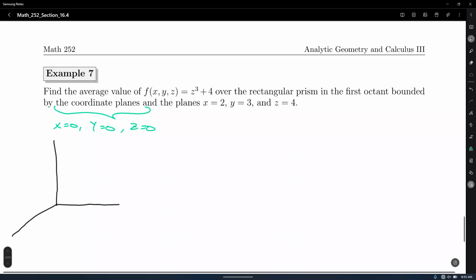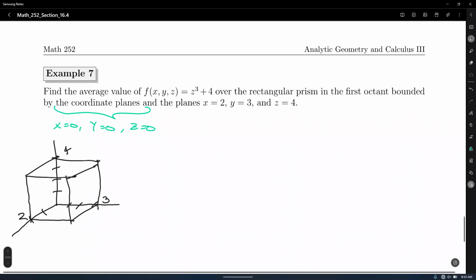That is x equals 0, y equals 0, that is 1, 2, then 1, 2, 3, and 2, 3, 4. Okay, so it's going to look like a rectangular box like this. That is 2, 3, and 4.